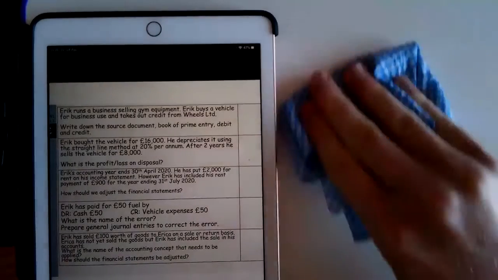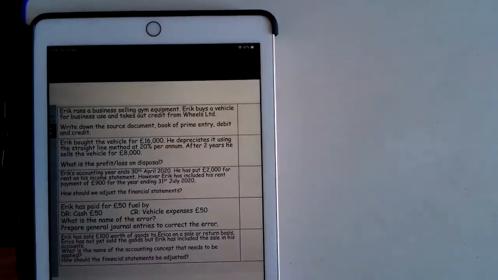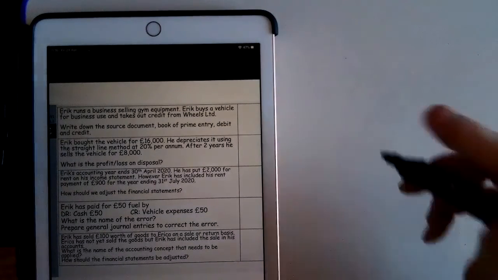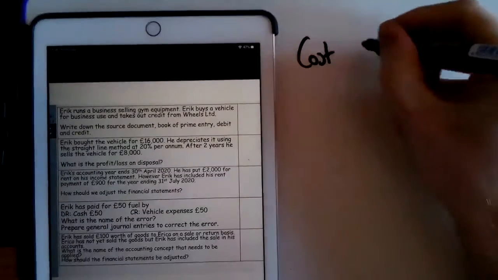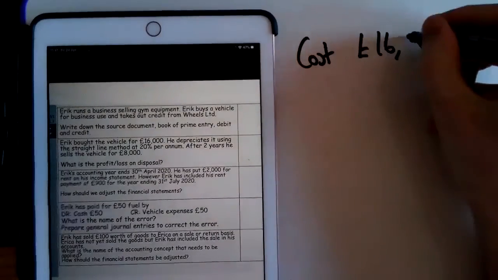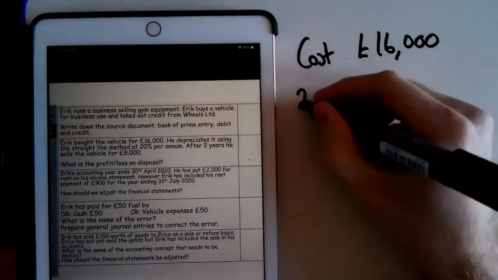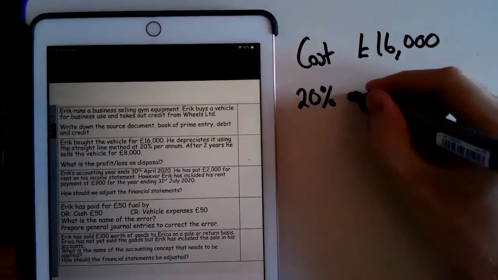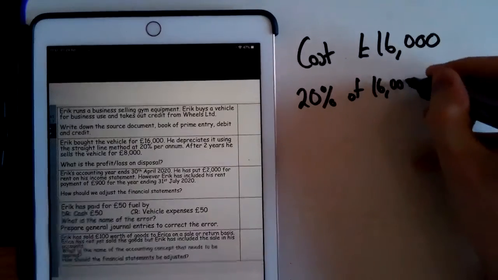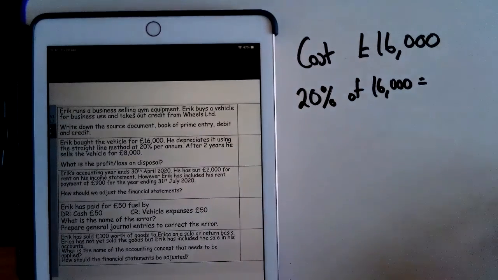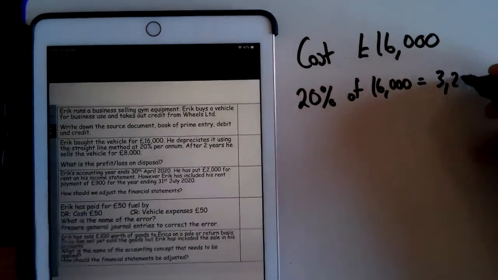Okay, second one. Eric bought the vehicle for £16,000, so the cost is £16,000. He depreciates it using the straight line method at 20% per annum. So the first thing we want to do is work out what's 20% of 16,000. So you use your calculator, you get 3,200.